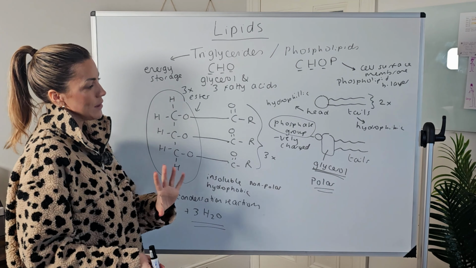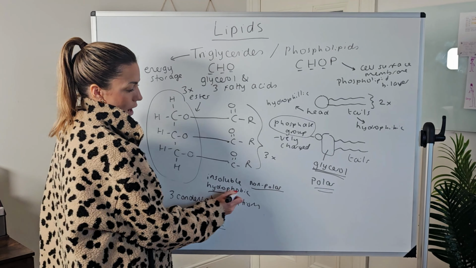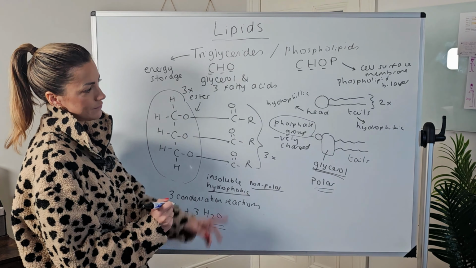And in terms of properties, triglycerides are non-polar or hydrophobic, whereas our phospholipids are polar, or we can say they have both hydrophobic and hydrophilic regions. The head is hydrophilic, attracted to water. The tails are hydrophobic. They repel water.